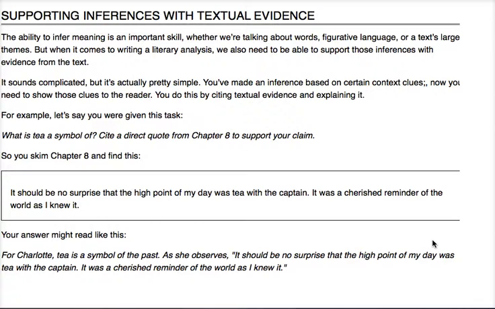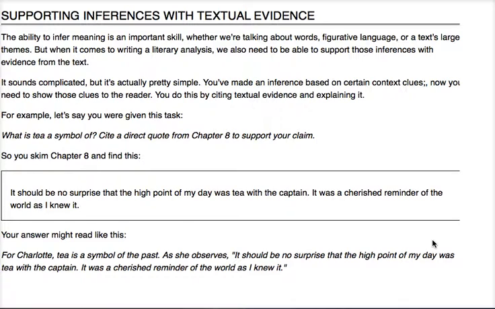So you skim along through Chapter 8 and find this. "It should be no surprise that the high point of my day was tea with the captain. It was a cherished reminder of the world as I knew it." So your answer might be something like this. Remember, you're telling what tea is a symbol of, and you are giving a quote to support it.